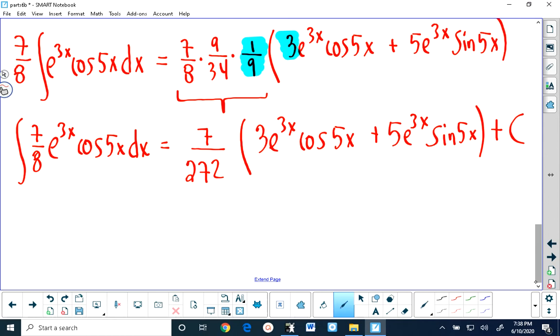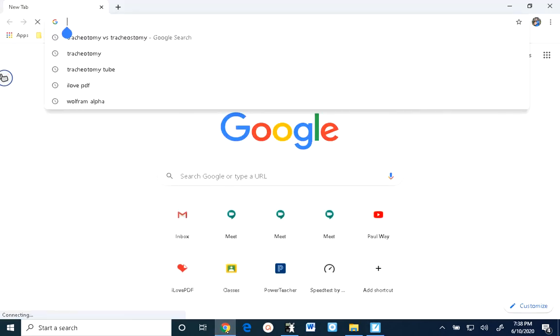Now I'm being perfectly honest with you when I say I made this question up and I did not do this ahead of time. I don't know if this is right or not, but I can obviously find out because I have the whole world at my disposal. It's called the internet. I can enter in this integral somewhere online, and I think probably the best place to do that would be into Wolfram Alpha.